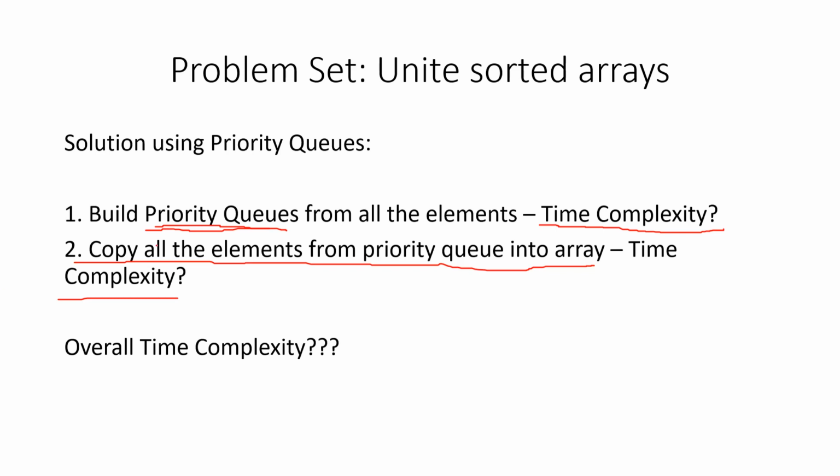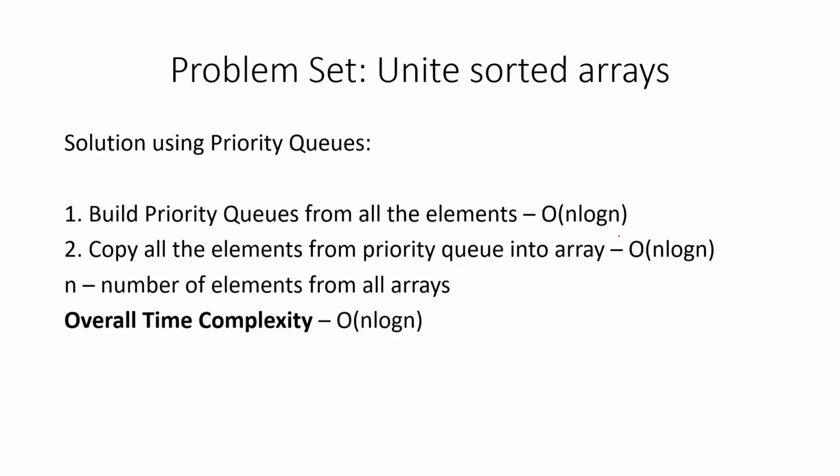Then we copy all the elements from the priority queue into the array. When we extract the element with the minimum value, it takes constant time, and we need to rebuild the heap, and that's why the overall time complexity is n log n.